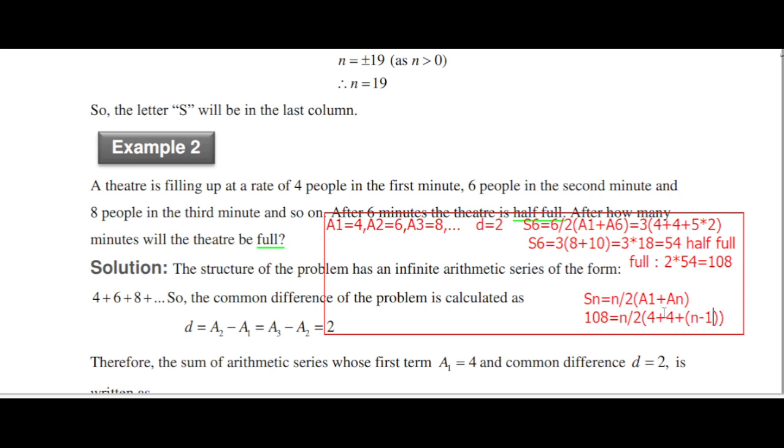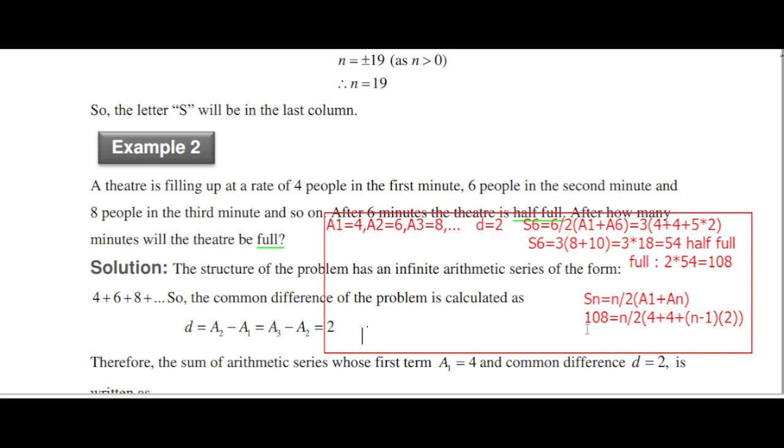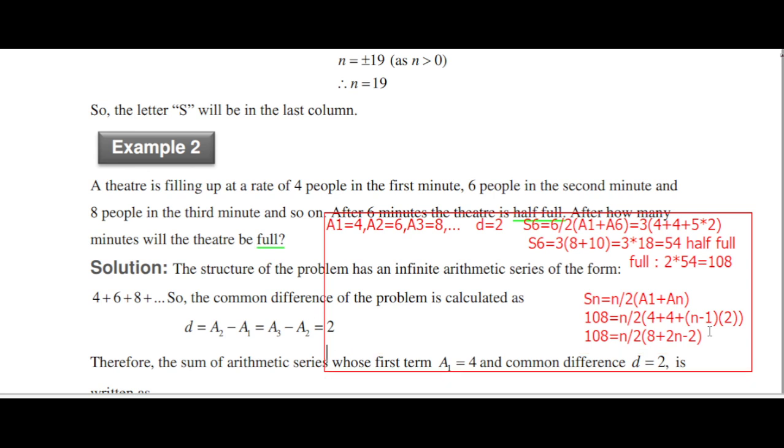n minus 1 times d. d will be 2. So here, let's calculate this one. 108 is equal to n over 2 in bracket 4 plus 4, 8, plus, let's distribute this 2 to n minus 2, 2n minus 2. 108 is equal to 8 minus 2, 6.